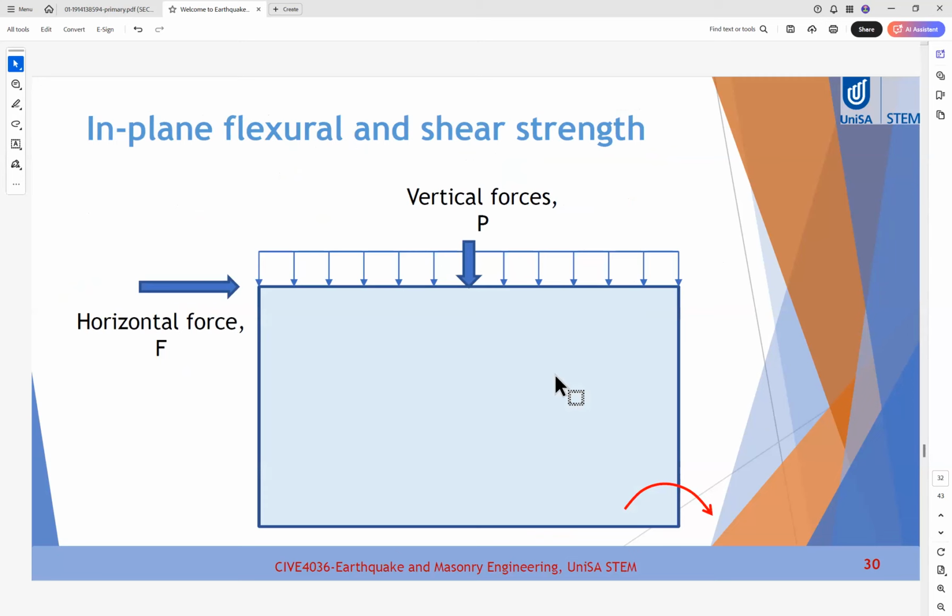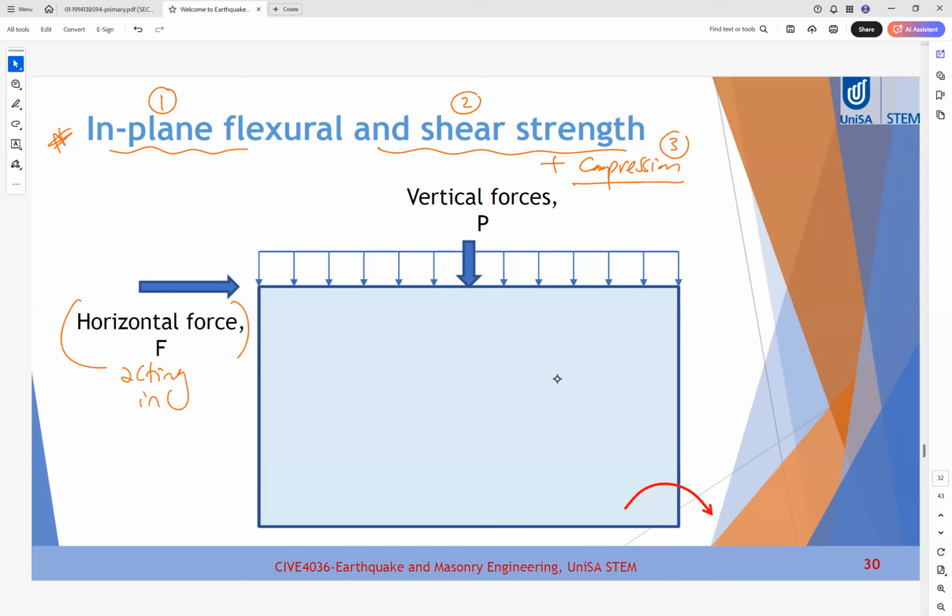Okay, so now let's look at the in-plane flexure and shear strength of the wall. The wall in the general case can have in-plane shear strength plus the vertical forces, so plus compression. This means the horizontal force acts in the plane of the wall.